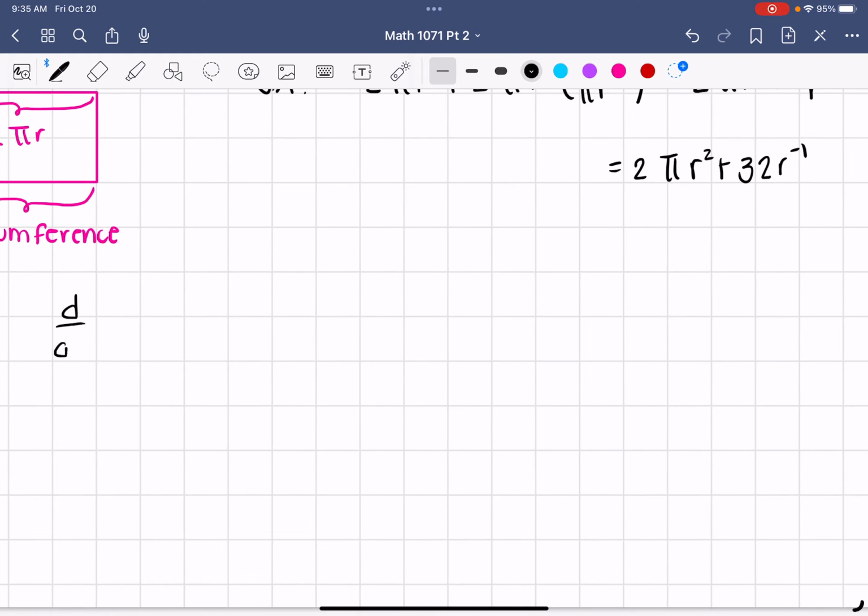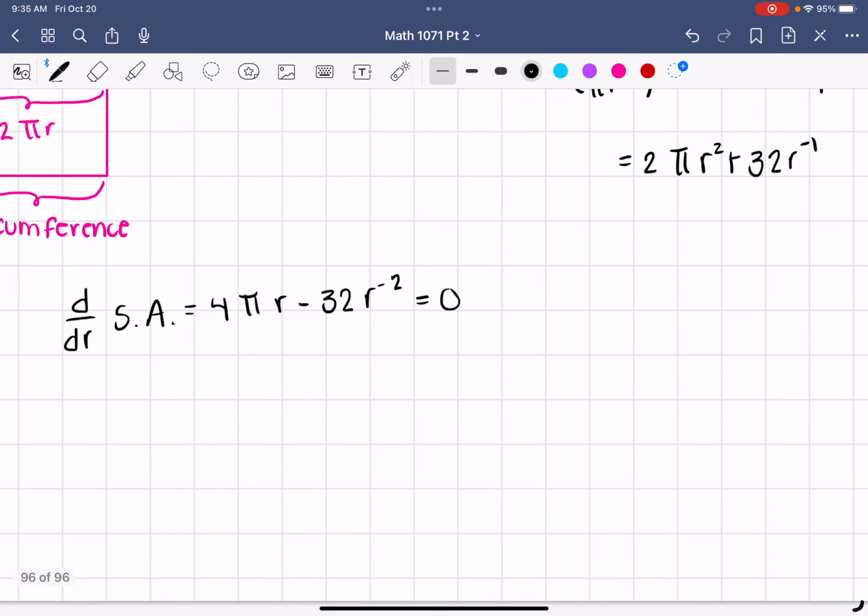In other words, you've got 4 pi r is equal to 32 over r squared. Move that to the other side. Let's see. I can divide by 4. That'll divide through by 4.